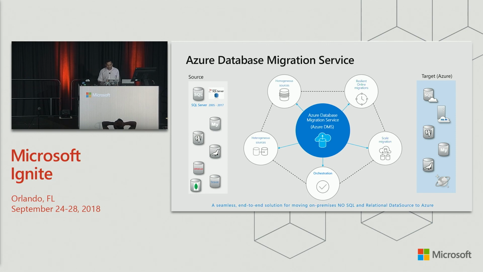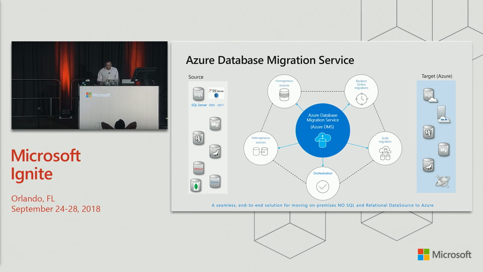And we target the entire Azure ecosystem, so you can go to SQL DB or a VM, and Cosmos DB for all your NoSQL needs as well. In future, we would also support SQL to NoSQL migration. So if you wanted to migrate some table, make it a document store and push it into Cosmos DB, we'd be supporting that as well.